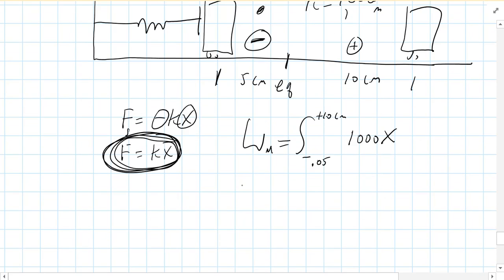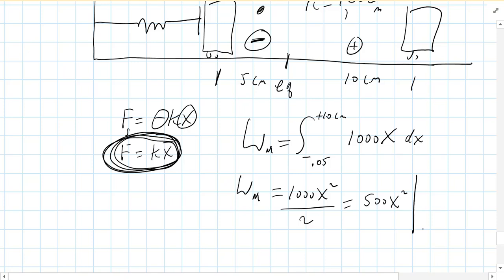And by the way, technically you should times this by dx. You're adding up all these little areas. That's going to become more important later as we go. So you would get 1,000x squared over 2, or 500x squared, and I have to evaluate that from negative 0.05 to positive, and this is 10 centimeters, which should be positive 0.10 meters.